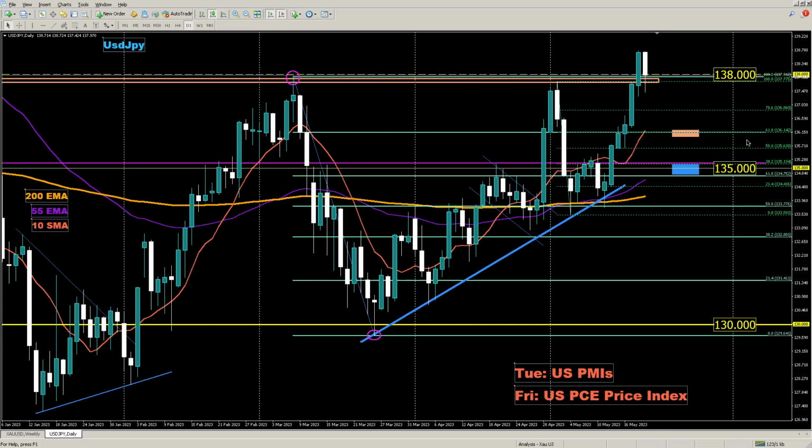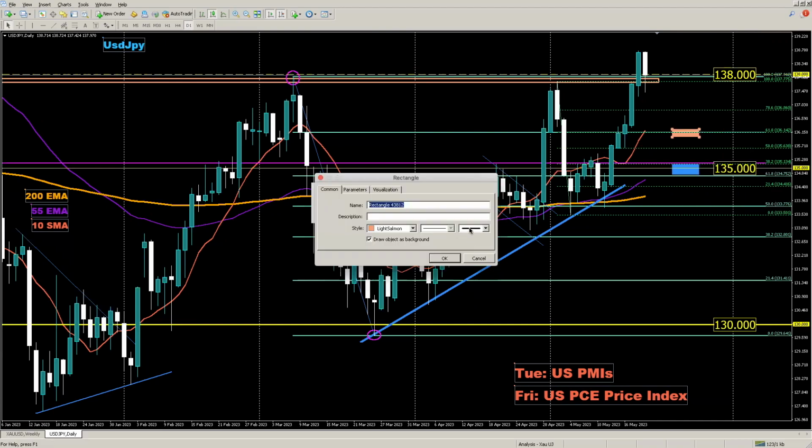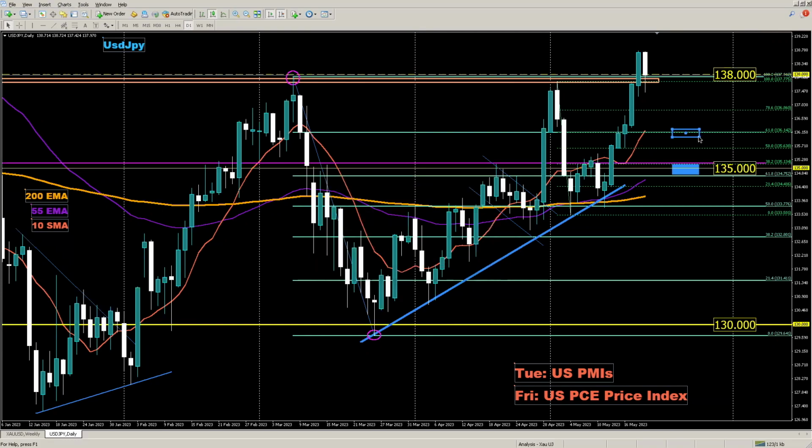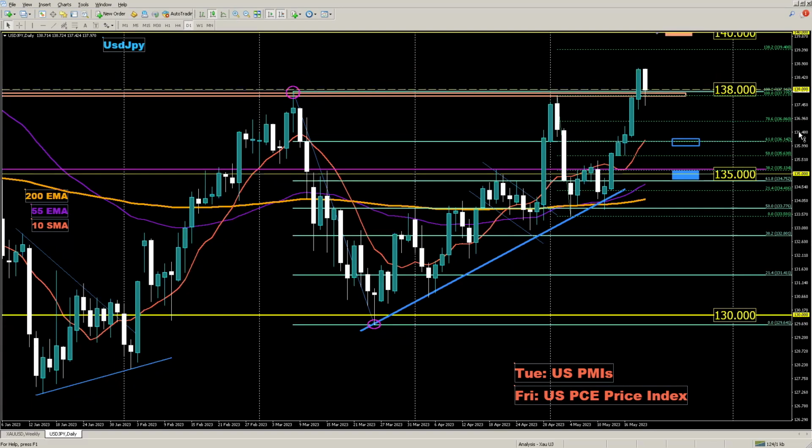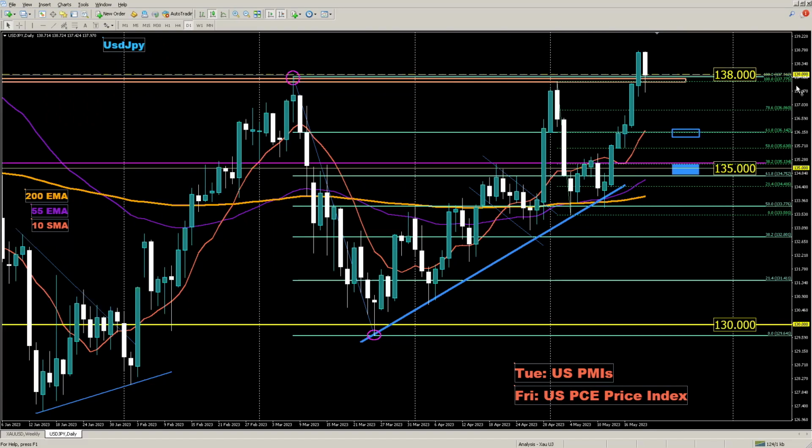There's a confluence here with the shorter fib as well. Let's mark this as an intermediate support. See if this holds. If it holds, that's also critical support.